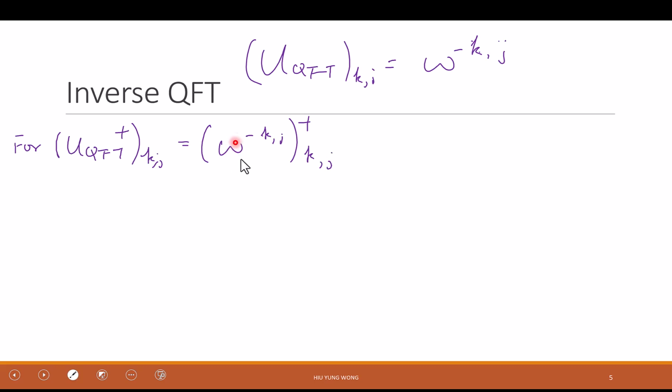So this one comes from here. What is the element now? It is still minus, I mean, it becomes plus, because you take the complex conjugate. It becomes plus Kj. The reason we can do that is because omega has the i inside, the imaginary unit inside.